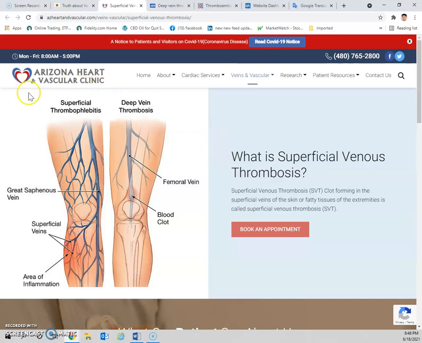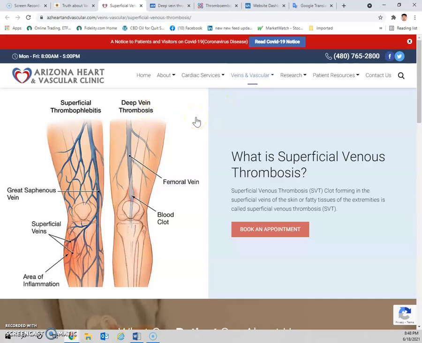Here we have a look at superficial veins and deep veins. What we see as varicose veins are the superficial veins. But I should point out that in terms of transferring blood from the leg back to the heart, most of the function is actually done by the deep veins.